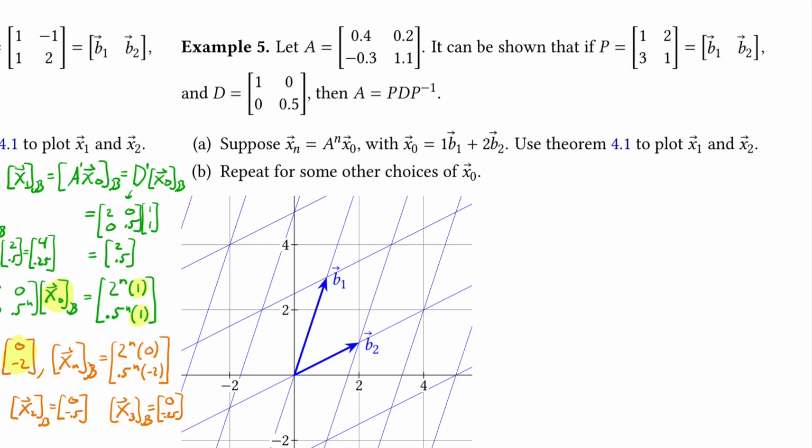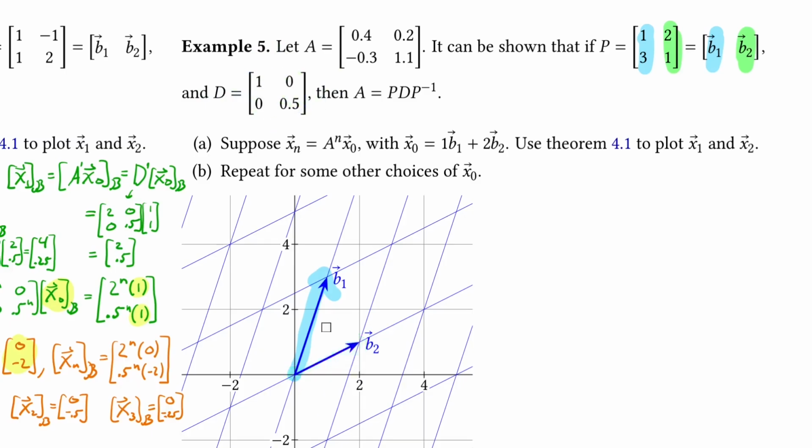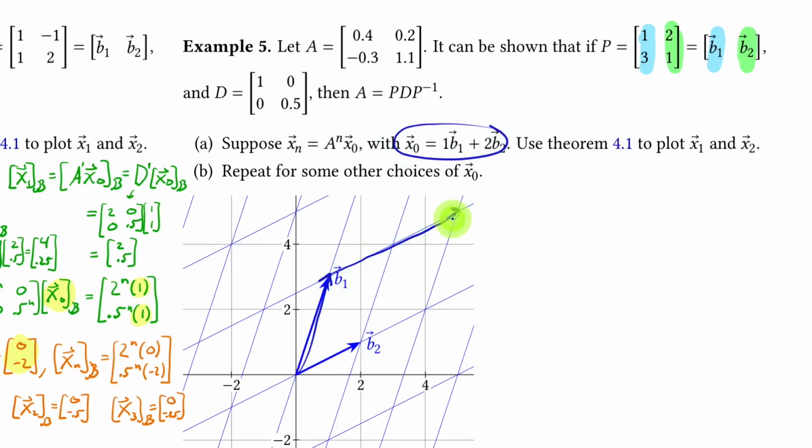Now we have b1 over here, and b2 over here, and the entries of the diagonal matrix are different as well. And again, we're starting with x0 is 1b1 plus 2b2.